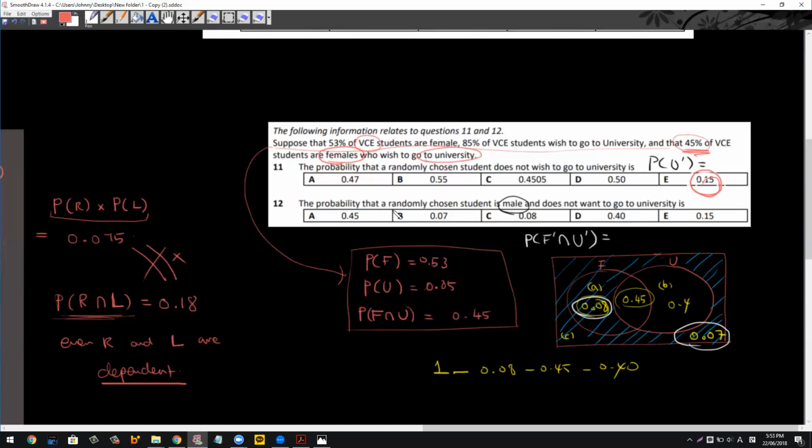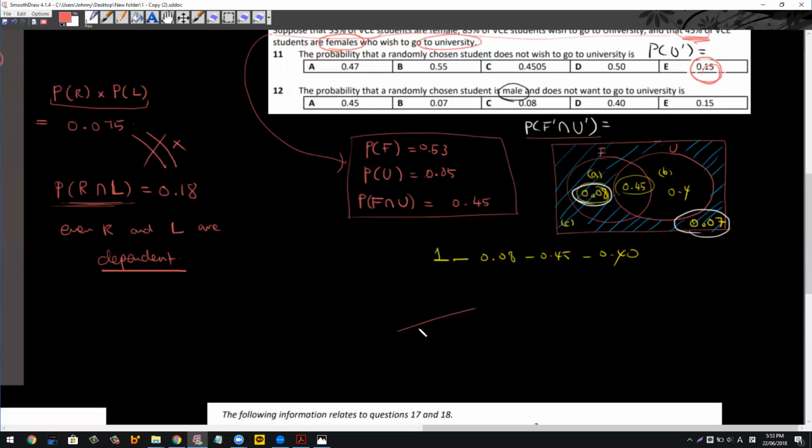And probability the randomly chosen student is male and does not wish to go to university. That's just outside of the female, and also outside of the university. Remember how when we did the tree diagram, you know how this was A and this was B and A dash, and this is a B and this is a B dash, right?